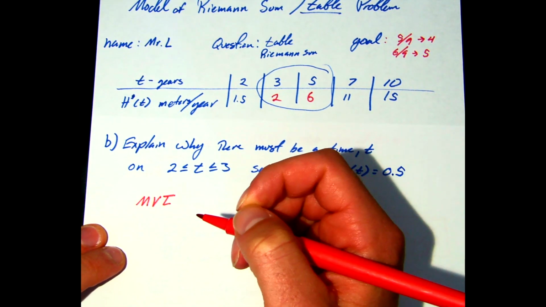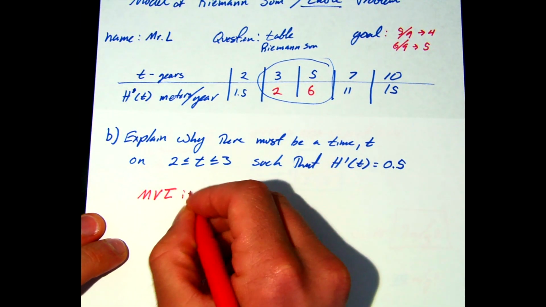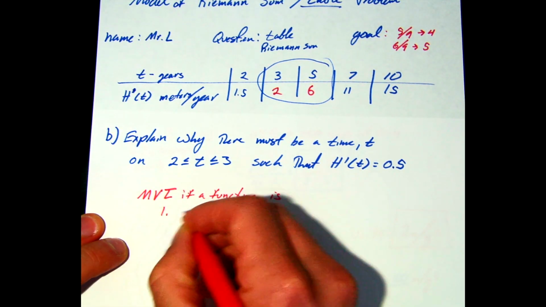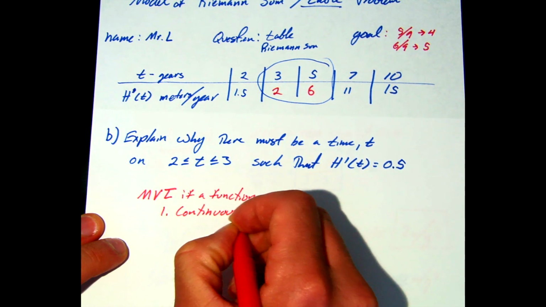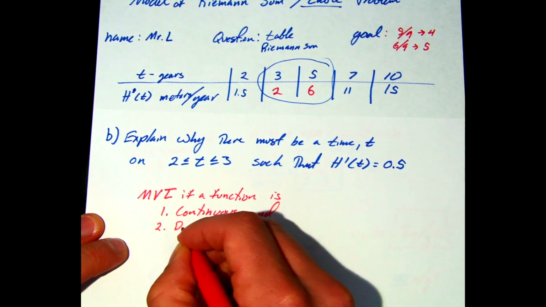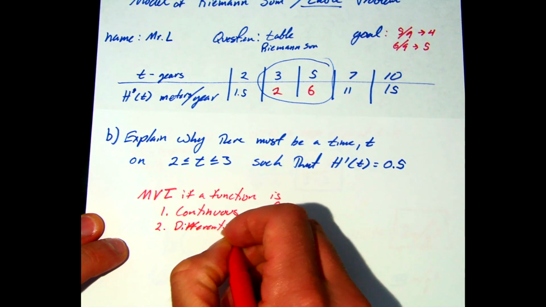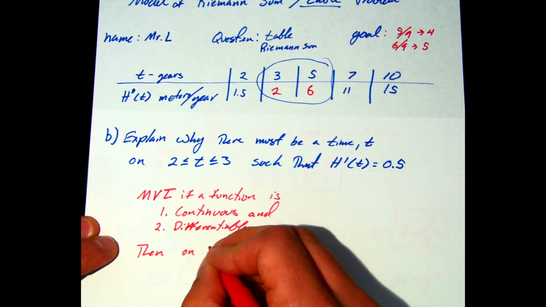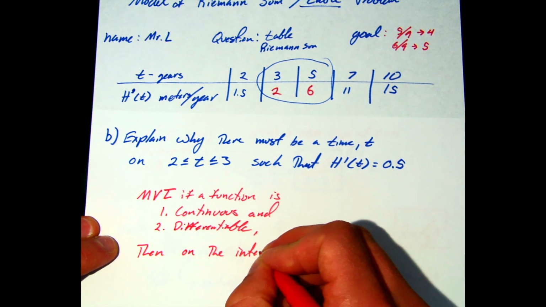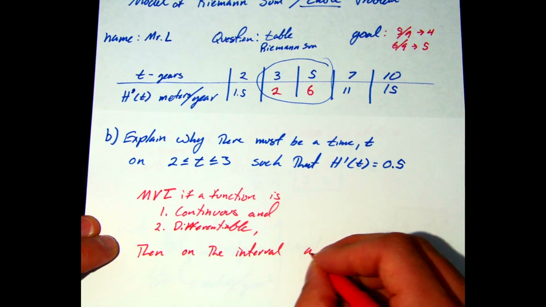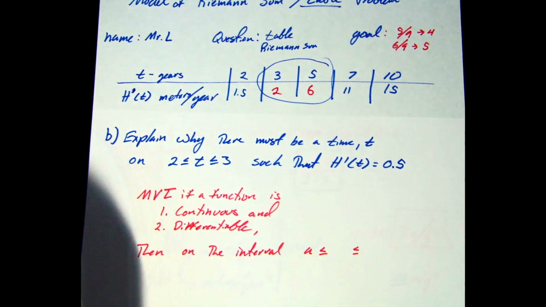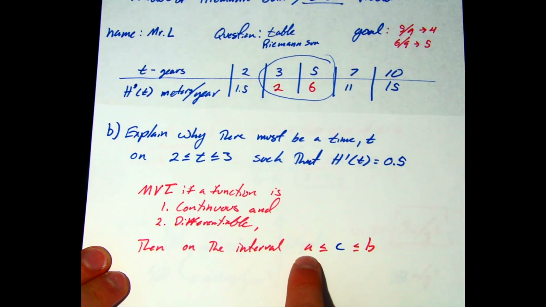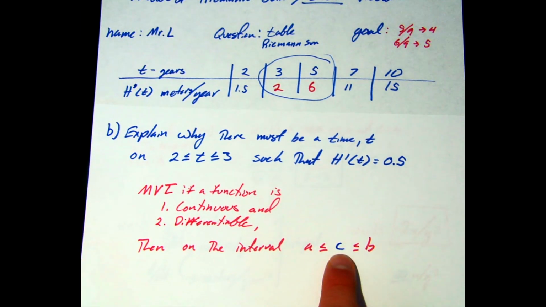Mean value theorem says if a function is continuous and differentiable, then on the interval, this is funny, they write it as A is less than or equal to C, which is less than or equal to B. And what they're saying is, on the interval from A to B, there is a third point.